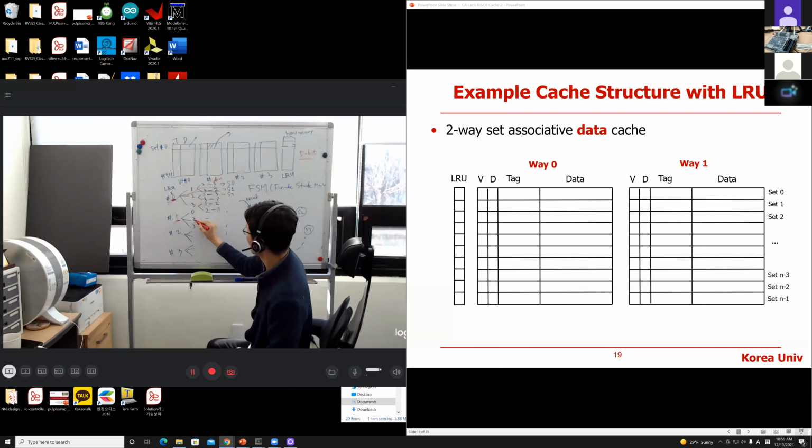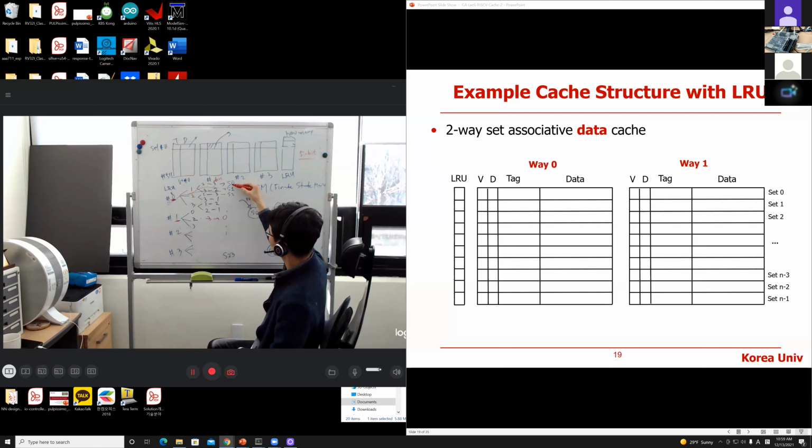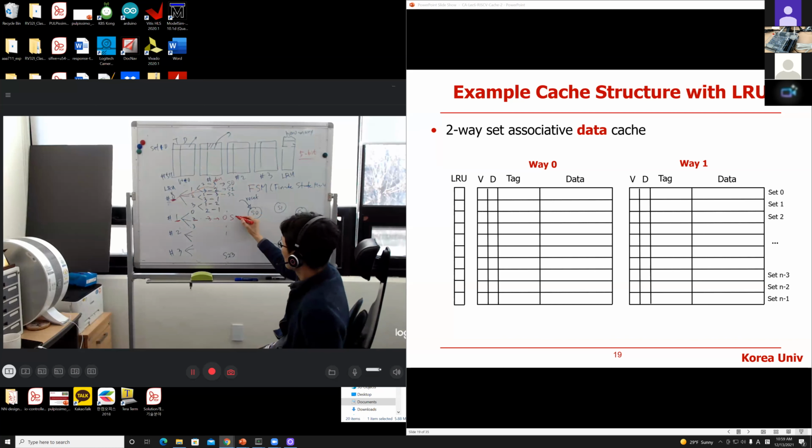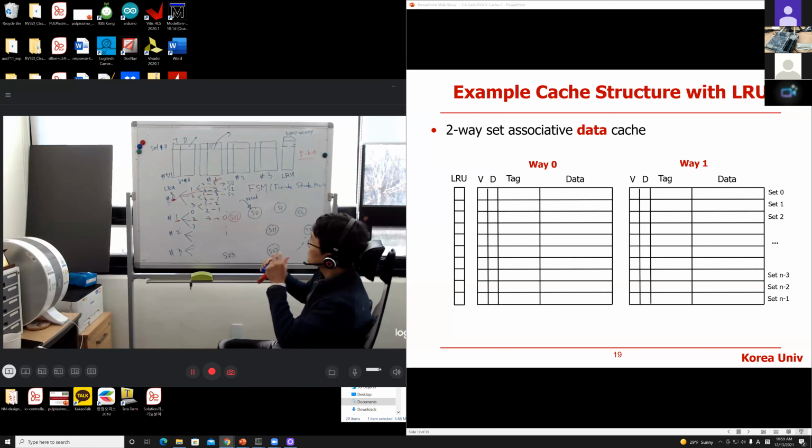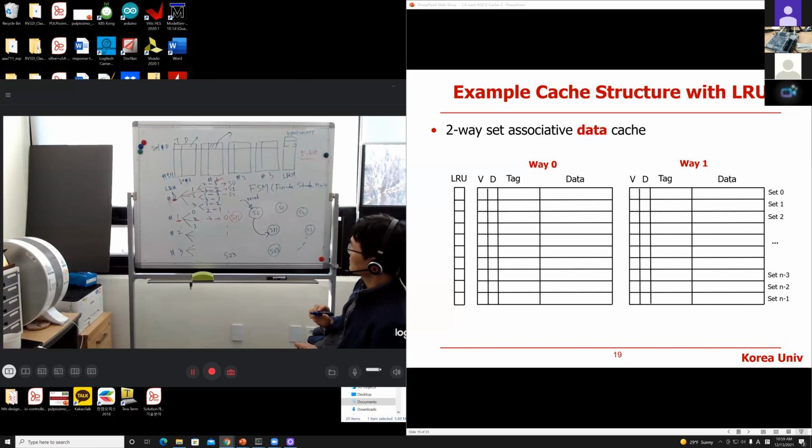I don't know which one, let's call this S11. So if you have a cache miss, then replace it, then you should go to S11.